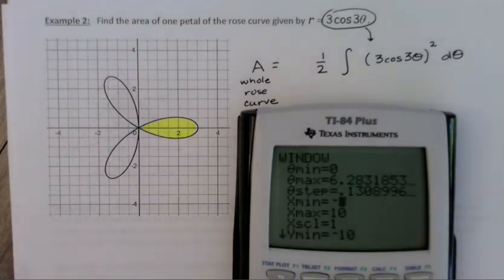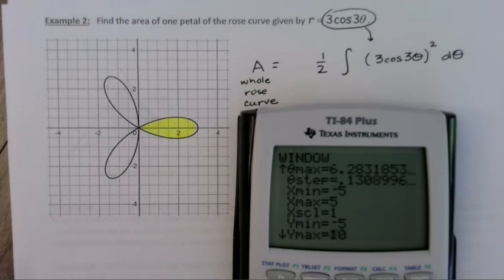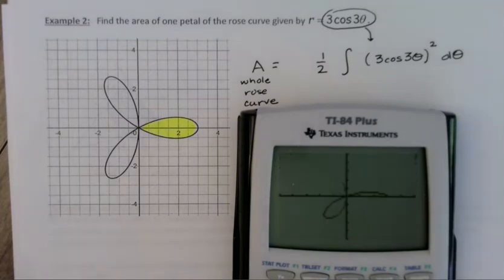I'm just going to go like -5 to 5 on both axes. It's not a square window, but it's all right. There. If I start my trace, notice that I start out here at 3, 0, when theta is 0. And I'm going to trace till I get back to that point. There we go. We're back at 3, 0. And it looks like I went all the way around this time in just 1 pi.